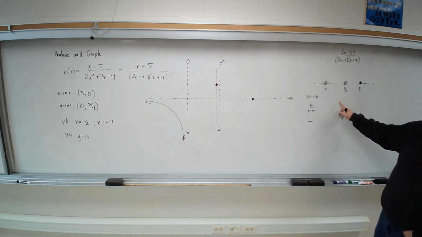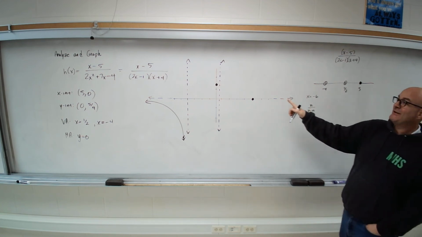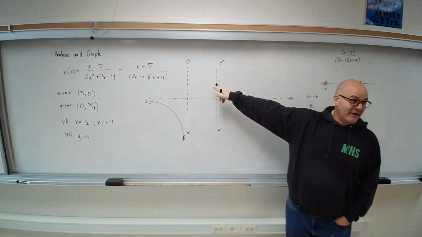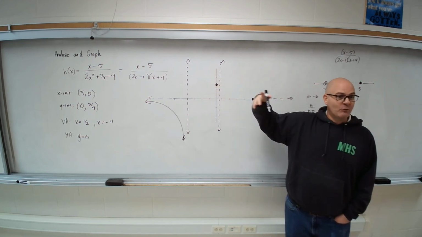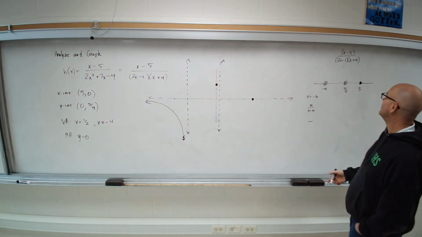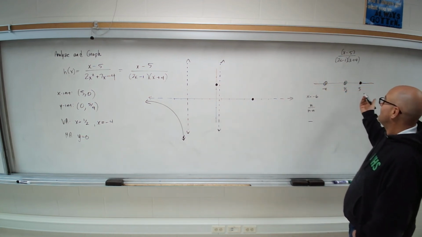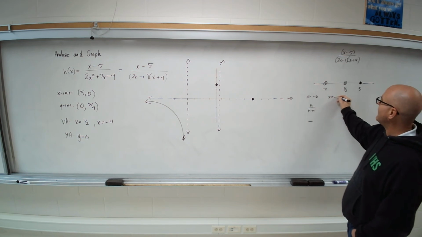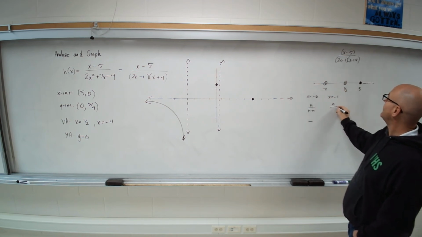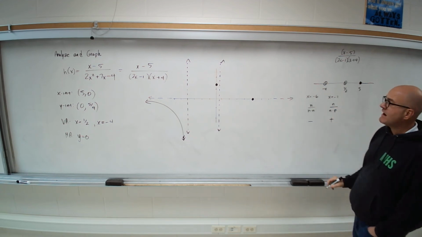Okay, so now let's look at this region here between -4 and 1/2. You might notice there's already a value that we know in there. So if you didn't want to test it, you wouldn't have to. If you did, it would be fine too. So say we test it with -1. And you get negative, positive, which gives us a positive.